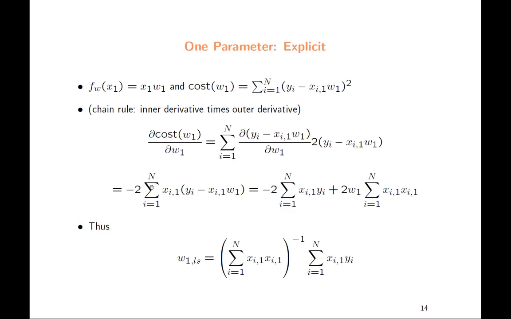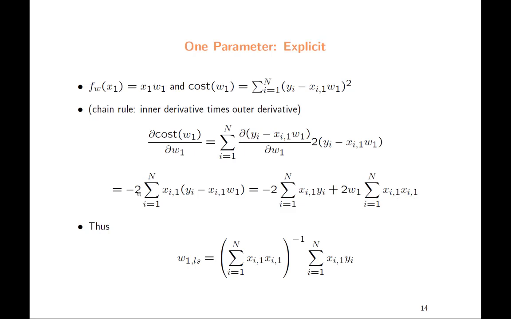This becomes the expression we derived before: minus 2 times the sum over all data points, x_i1, since there is only one input, times y_i minus x_i1 w1. And now we can take these products here, and we get minus 2 times the sum over all data points of x times y, plus 2 times w times the sum over all data points of x_i1 x_i1.